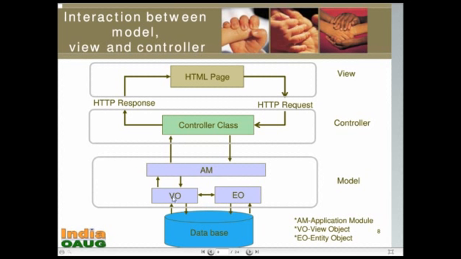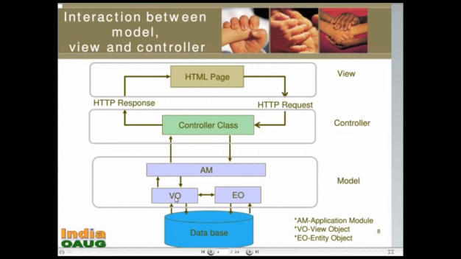Then two things we have here: view object and entity object. View object is for selecting the data from the database. If you want to select the data, then we use view objects. If you don't want to select but want to insert, update, delete, the DML operations, then you have to use entity object. That is very simple.